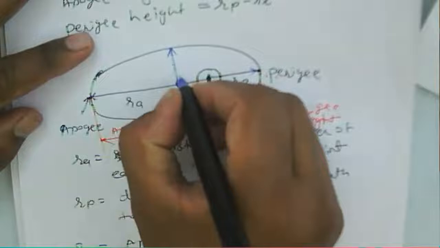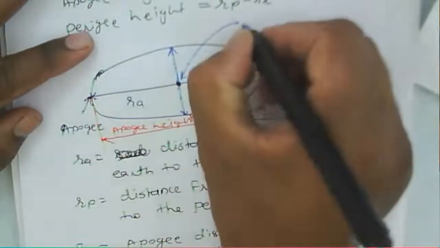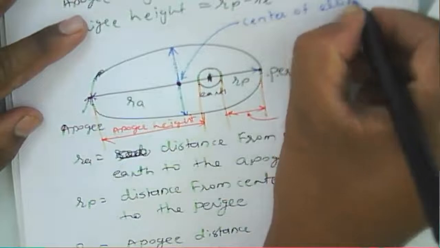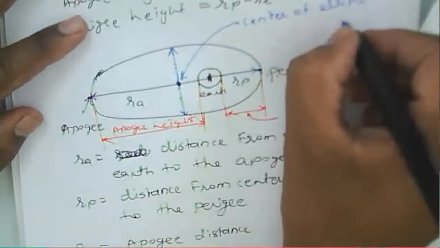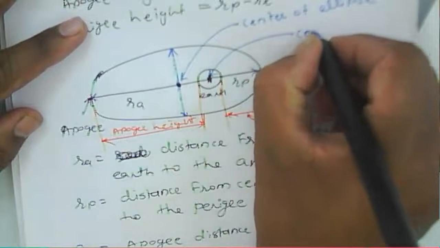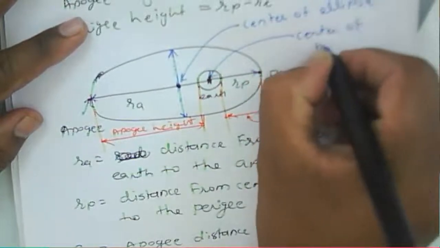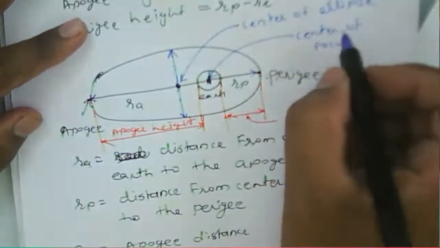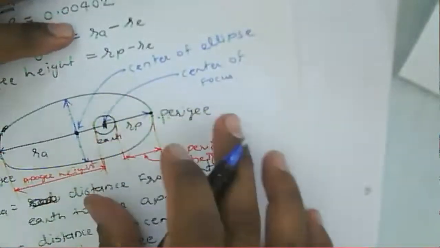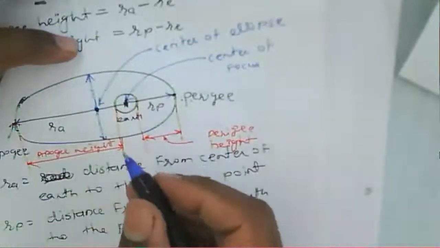For this major axis, this is the center of the ellipse, and this one is the focus. We can say this is the center of the ellipse and this is the focus of the ellipse here.